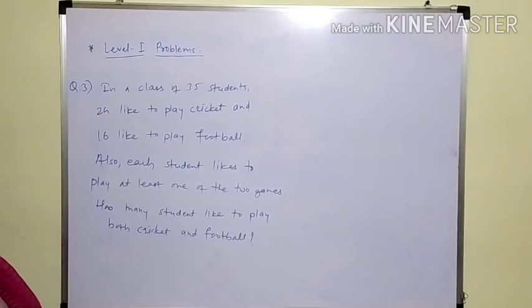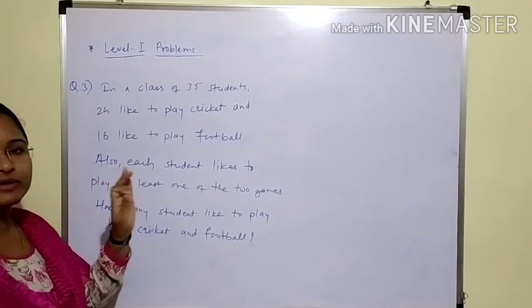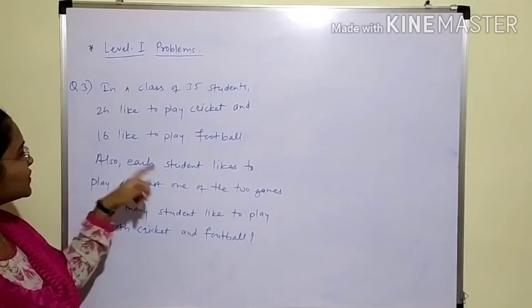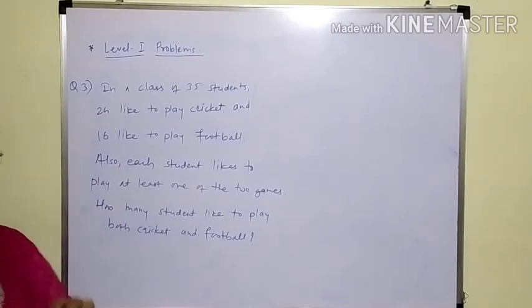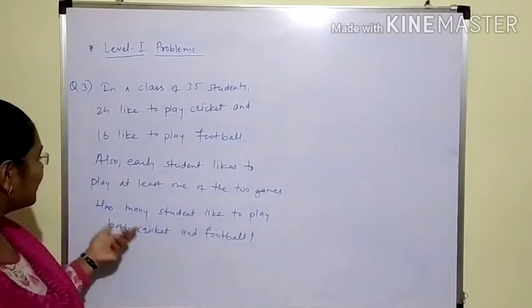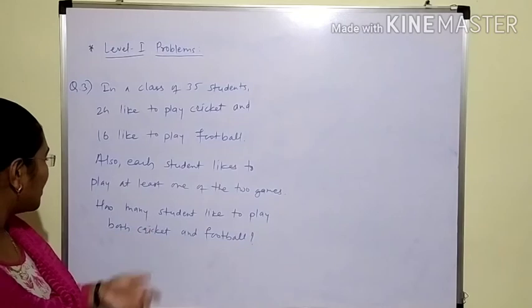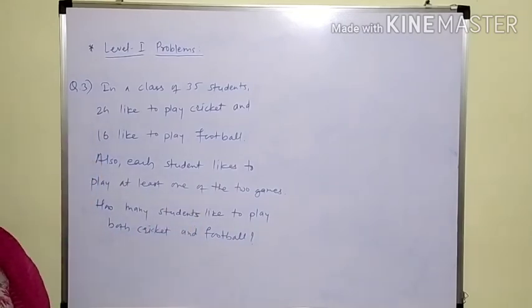Okay, in a class of 35 students, 24 like to play cricket, 16 like to play football. Also, each student likes to play at least one of the two games. Means there is no student who is not playing any game. Okay, means all are playing. And how many students like to play both cricket and football?